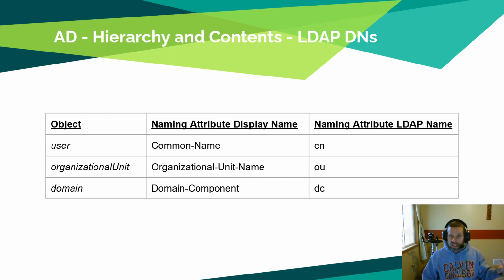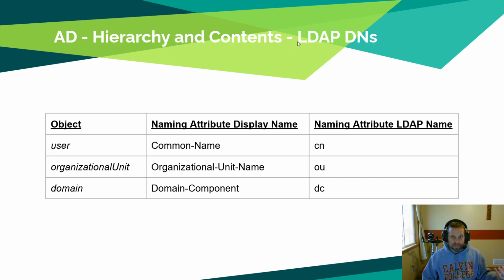In a distinguished name, we are going to have several different attributes that we are going to need to refer to. We've talked about our domain already. This is our big logical organization, and we will have a root domain name that we'll have to use to build up our distinguished name. We've talked about organizational units, or those folders that stuff is put into.